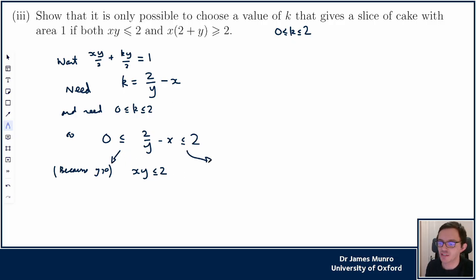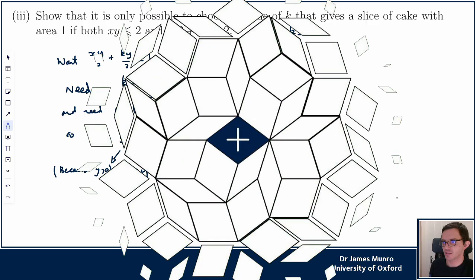And this right-hand expression, again, because y is positive, we can multiply this one up by y to get this. And then I think that's going to rearrange to be that 2 is smaller than 2y plus xy, which is otherwise known as y times 2 plus x.